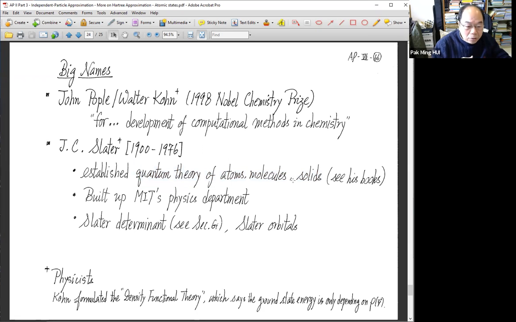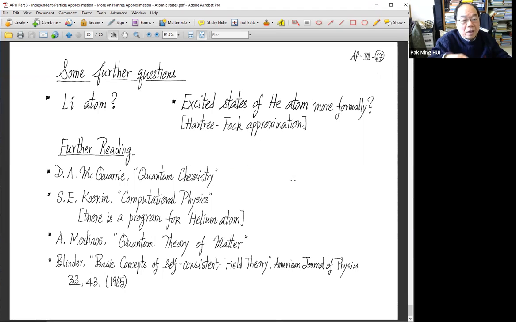Okay, so for those of you who want to know more, I cannot tell you any more in this course. Okay, we have to go to other topics, but there's some further reading. You can look it up. This quantum chemistry book has a chapter even telling you how to use the Gaussian program.